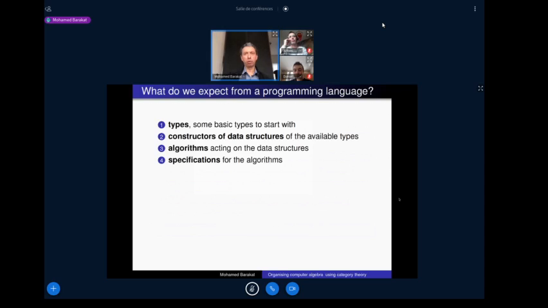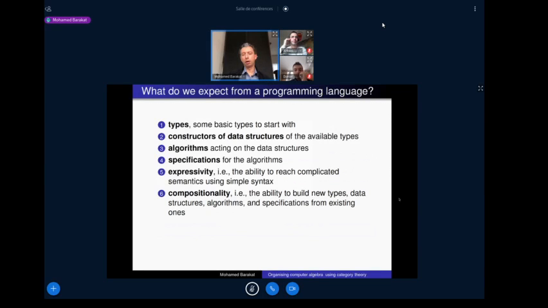And we expect, in a good programming language, well-documented, very clear specifications for the algorithms. What is the specification of the input? What is the specification of the output? Expressivity, so the ability to reach complicated semantics using simple syntax. And I hope you will see this also throughout the talk.